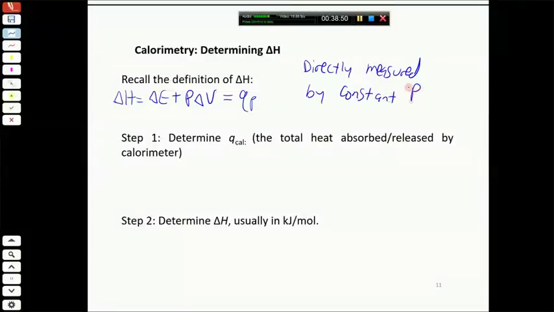So if we have a constant pressure calorimeter and we measure Q for the calorimeter, that is then related to Q for the reaction, which then gives us delta H. So we're going to use calorimetry to also measure delta H.